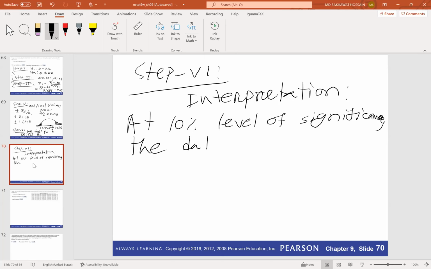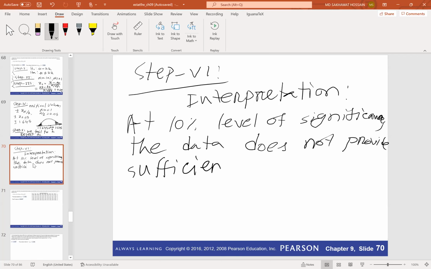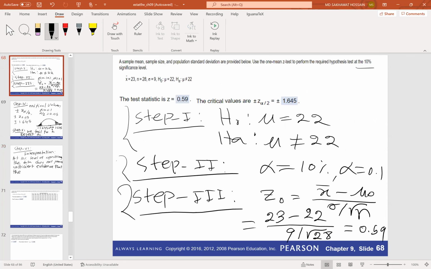since we failed to reject the null, that means the data doesn't provide sufficient evidence to support the alternative, that the population mean is different from 25, sorry, 25 or 22? 22, yeah.